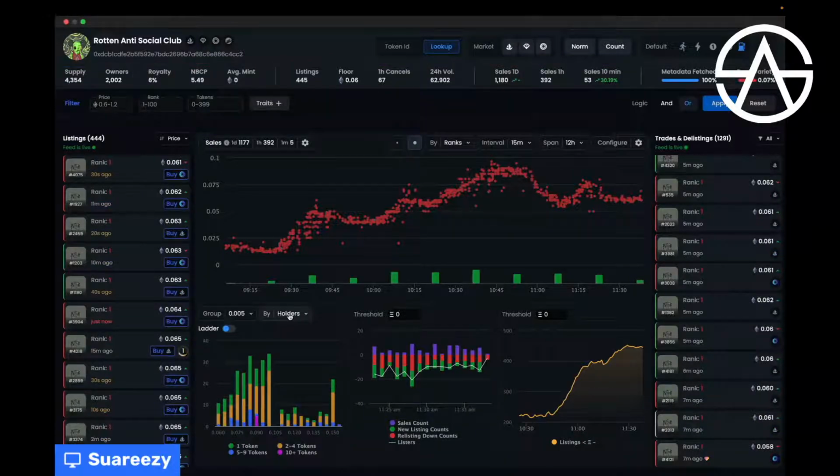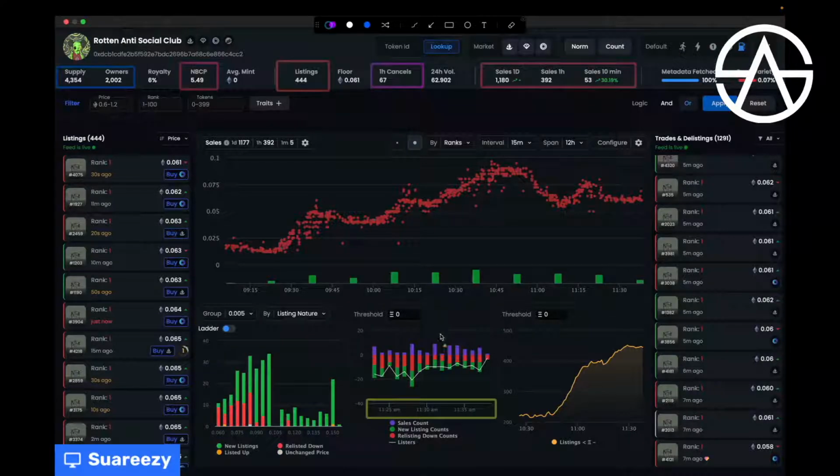And you can do that in this portion as well with listing nature, and you'll get that pop up as well. The red portion is going to show delistings from the last person that listed that.